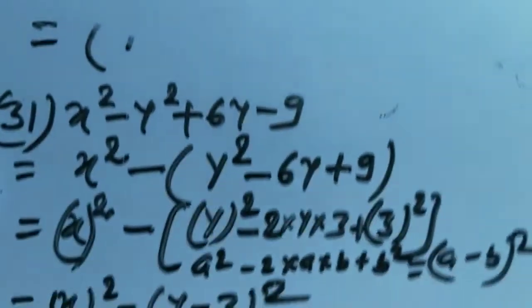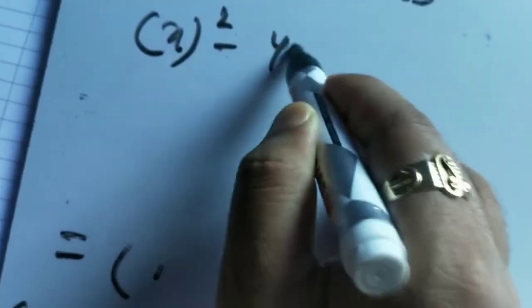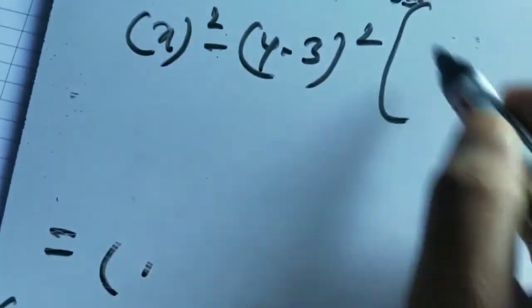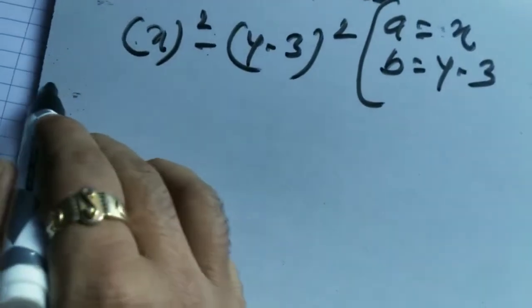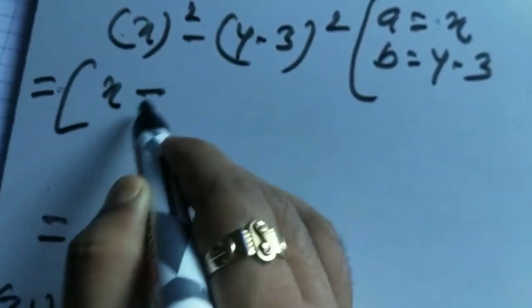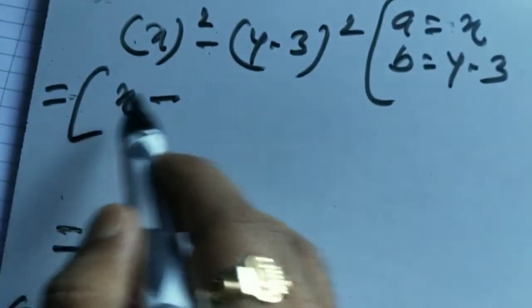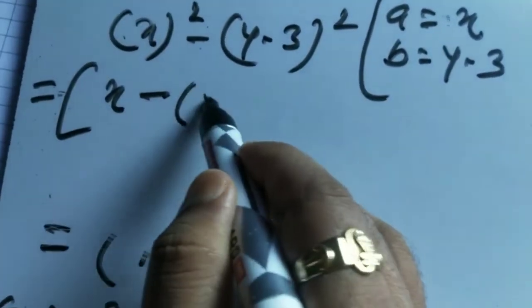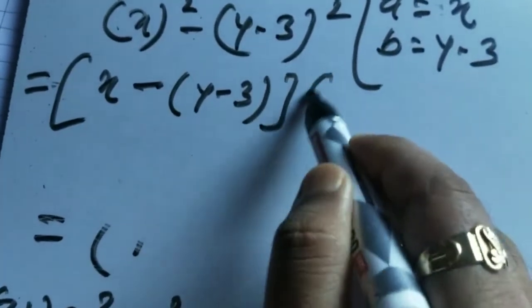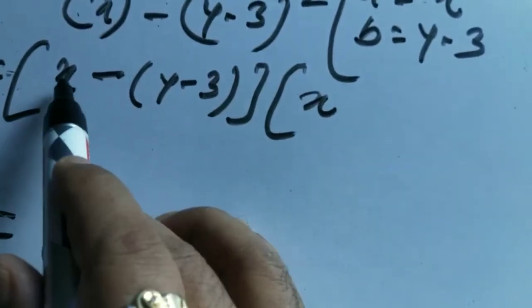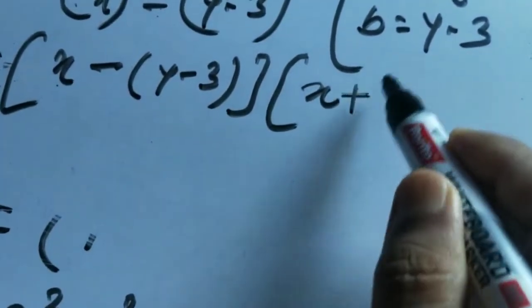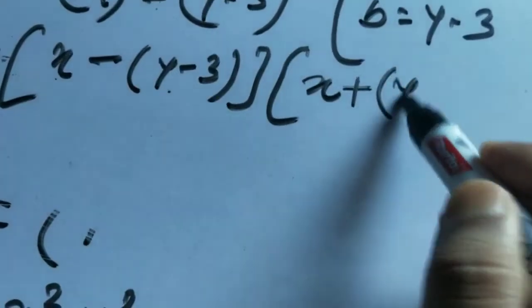So it will be a minus b, that is at the place of a you have to write x, at the place of b you have to write y minus 3, and again in the bracket you have to write a plus b: at the place of a x, and plus at the place of b y minus 3.